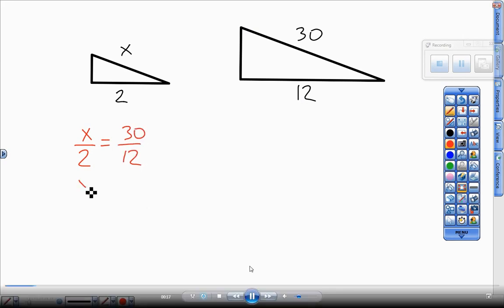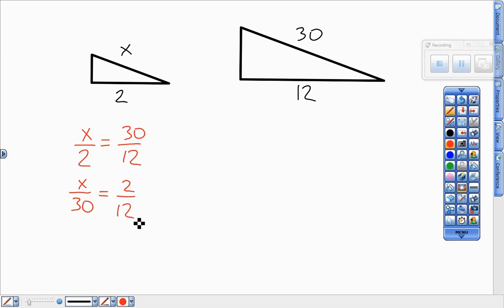Another combo that you could do is x over 30. So that one is this side x over this slanted side. X over 30, as long as my other fraction goes in that order too. X over 30 equal to this bottom side 2 over 12. Make sure the second fraction matches the first.